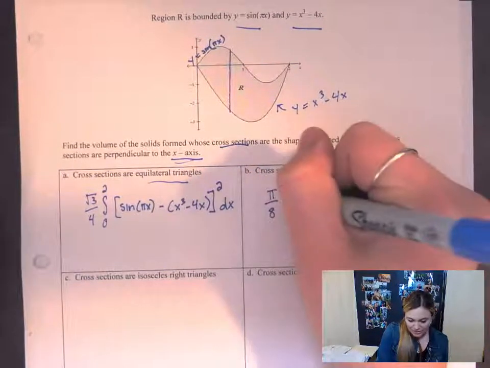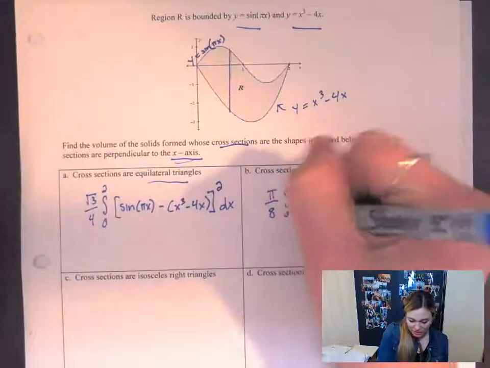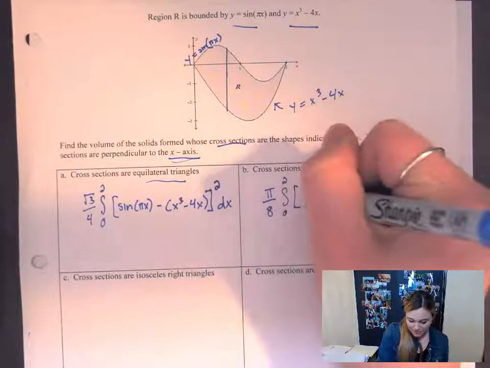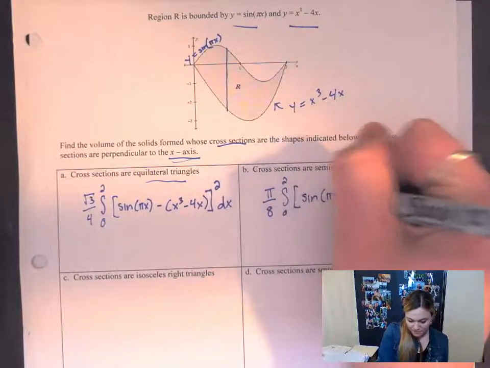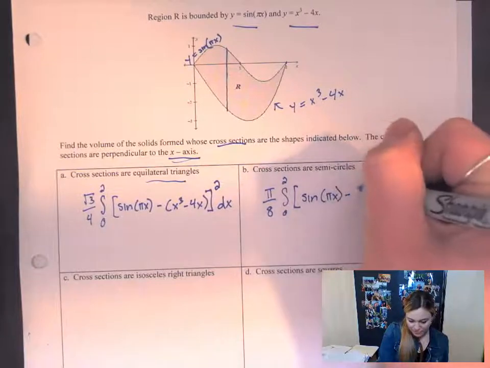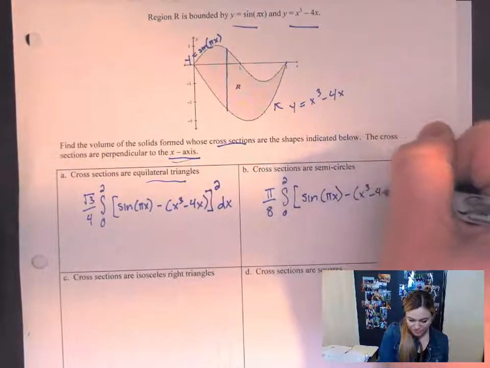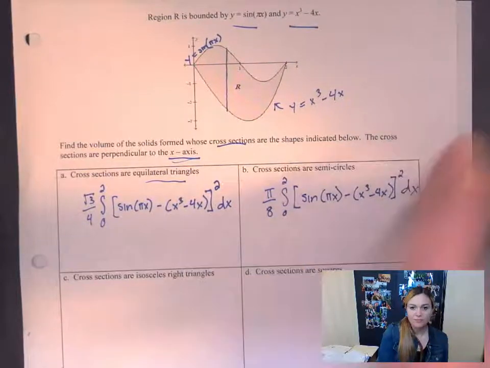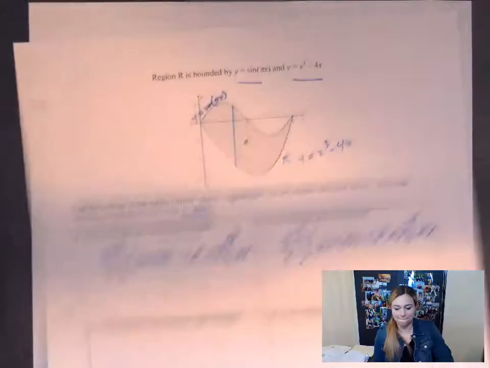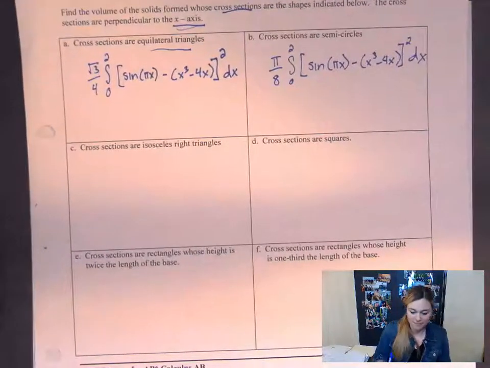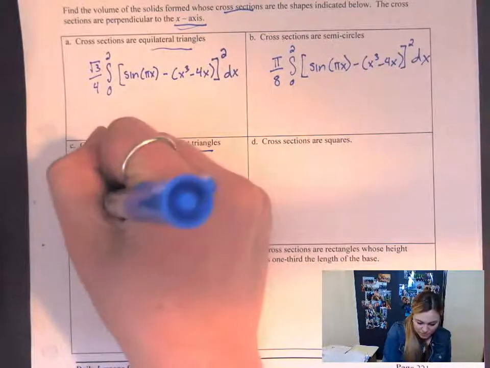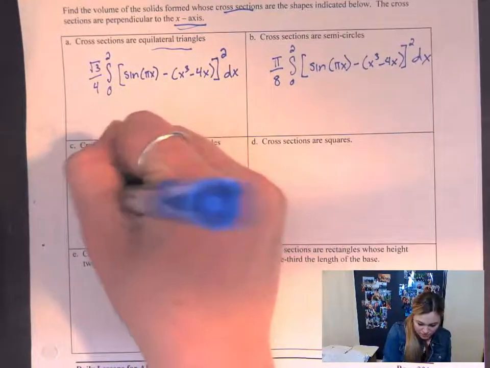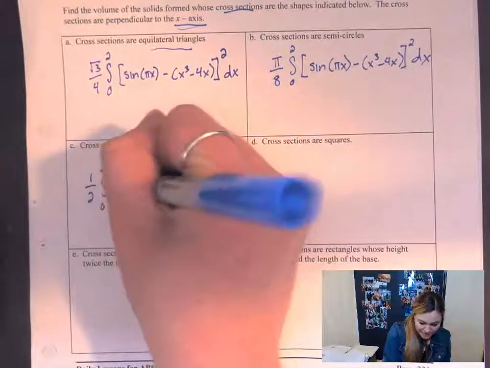Okay, so a semicircle would be pi over 8. Isosceles right triangles, 1/2.